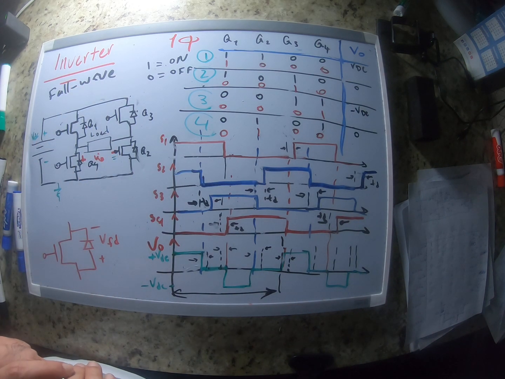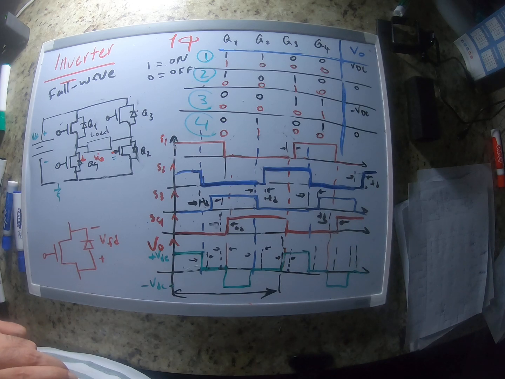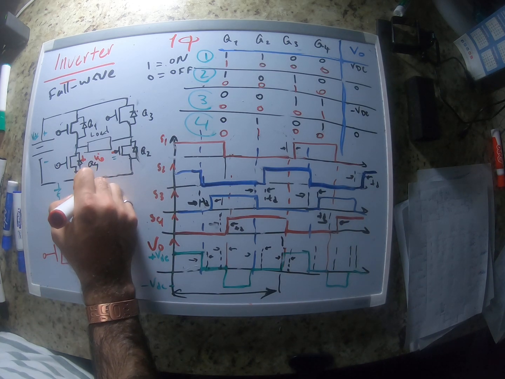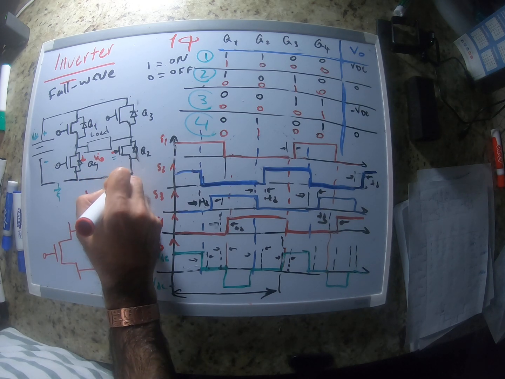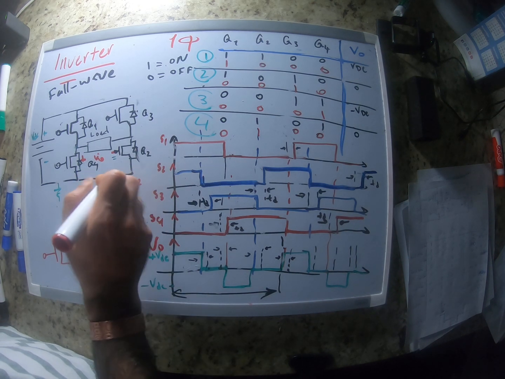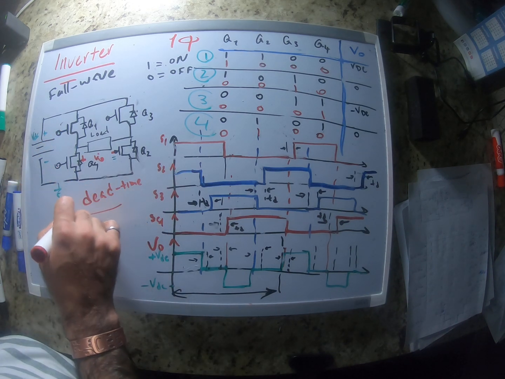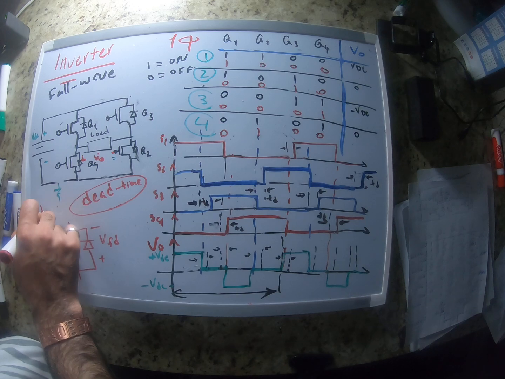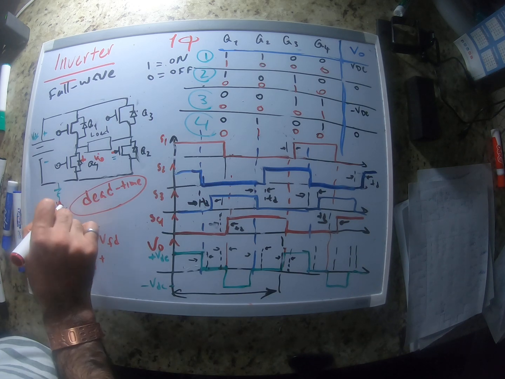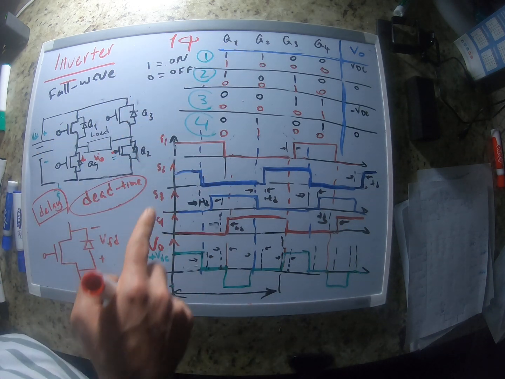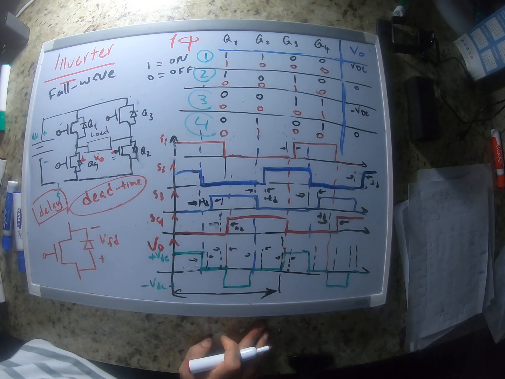So that's going to cause a problem. One thing that we do is we're going to have some dead time, some delay between turning this one off and turning this one on. We're going to talk about that delay as we go through the table and through the voltage waveforms.